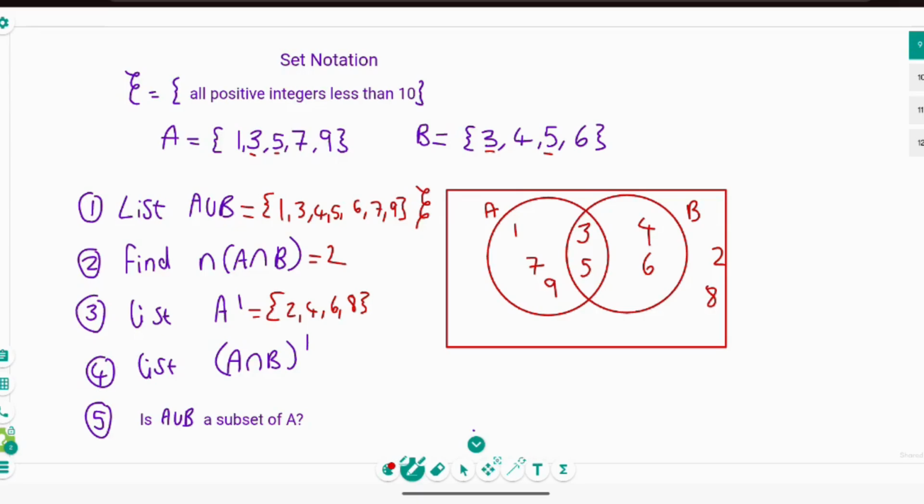Okay, list the elements in A intersect B complement. So anything not in A intersect B. A intersect B is this middle bit here. So we want all the numbers not in that section. So we've got 1, 2, 4, 6, 7, 8, 9.